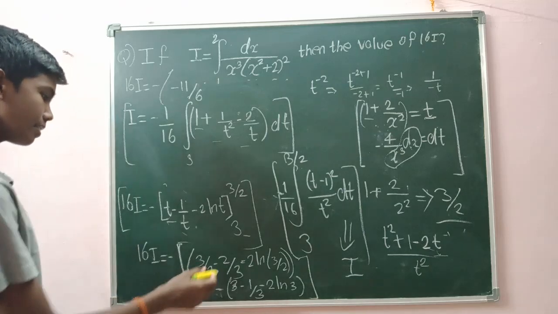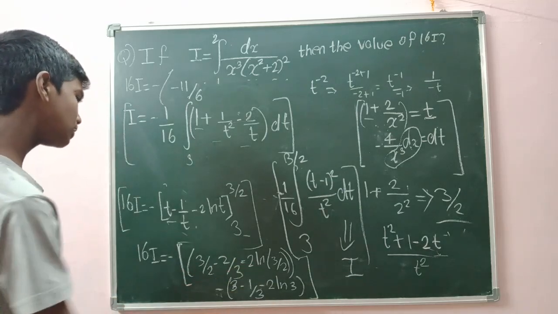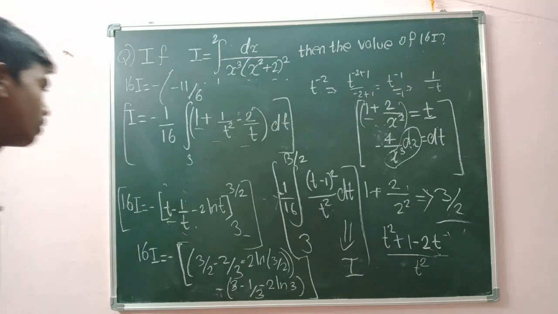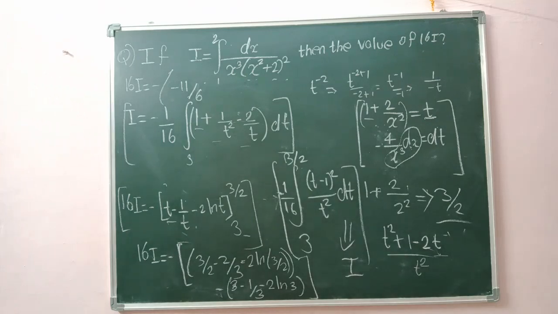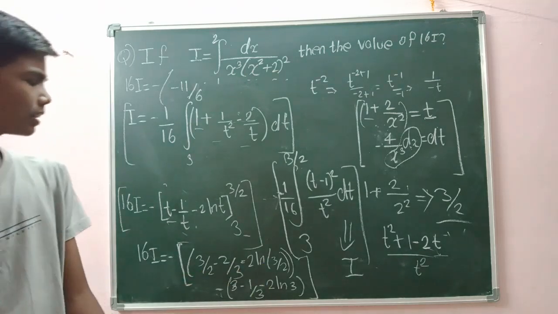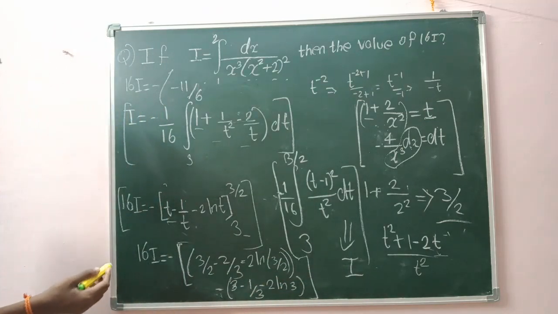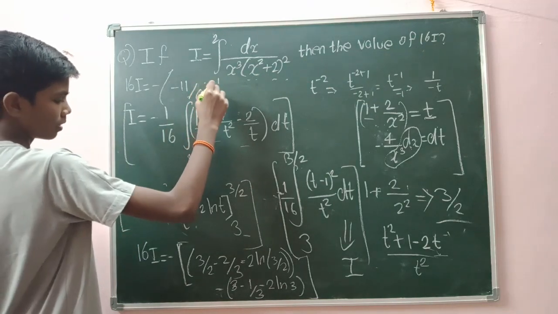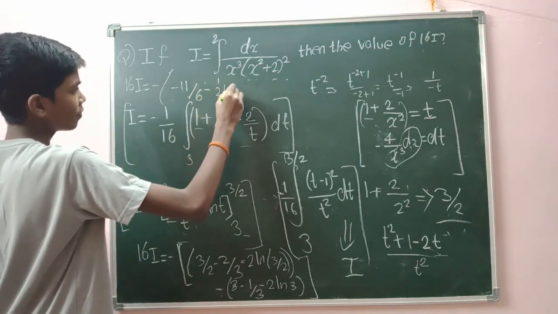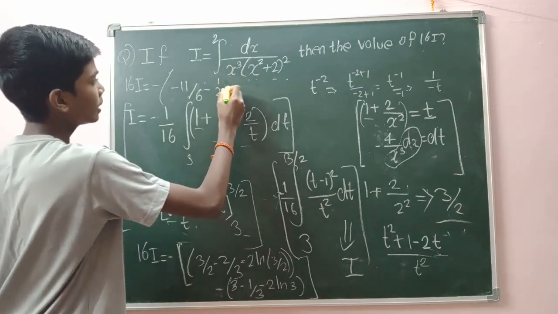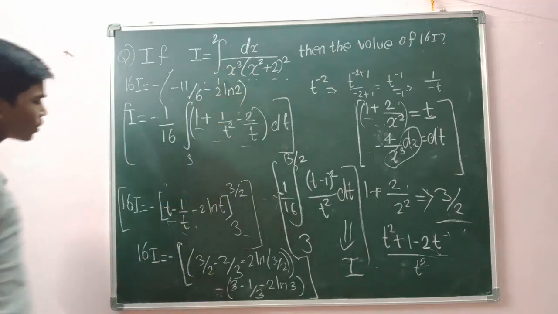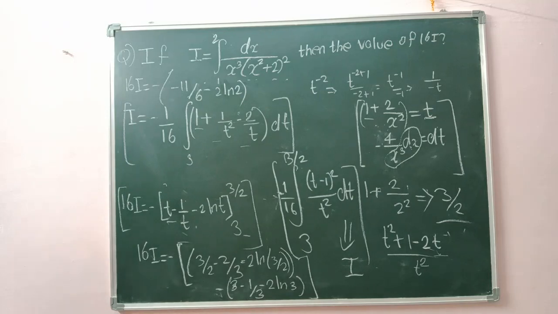Okay, then minus 2 ln of 3 by 2 minus 2 ln of 3. In this I think you can take the minus 2 common, so I'll get minus 2 times ln of 2. Correct? Just solve it up. This is what you will be left with: 2 times ln of 2.